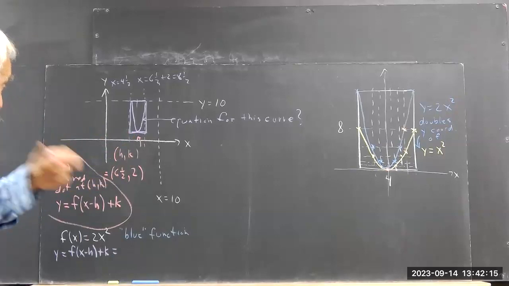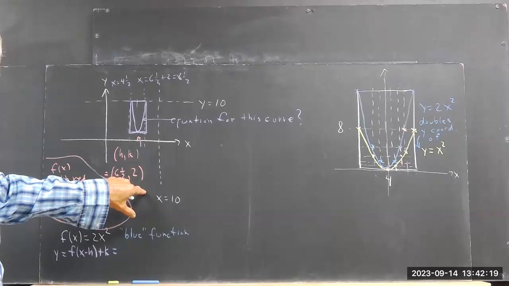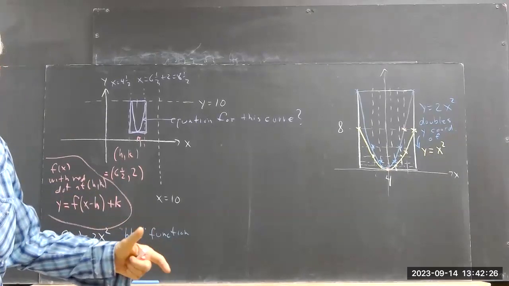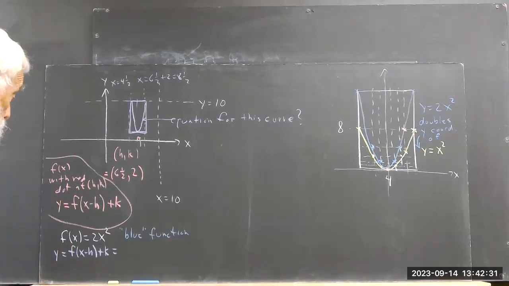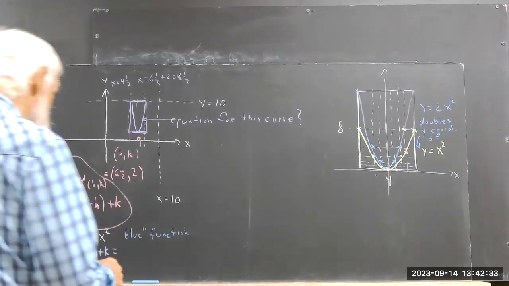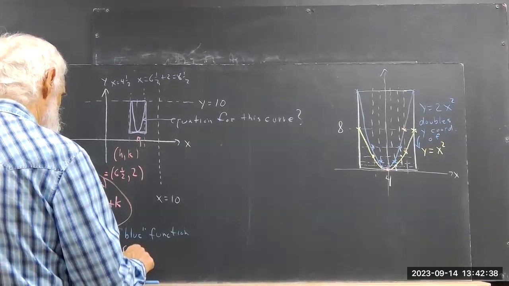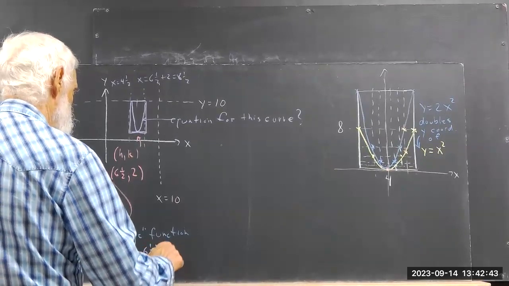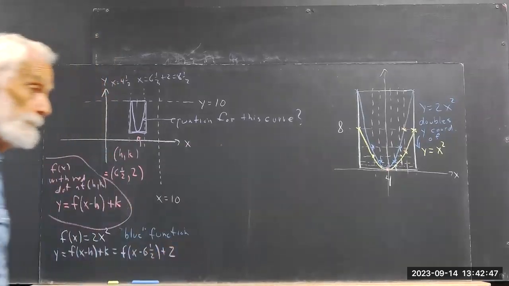For my graph, h is 6.5, k is 2, right? So I just take this formula and you understand this visually. Everybody's done a pretty good job with the homework and has the idea. And I think that's really pretty wonderful. Okay, so we can replace this by x minus 6.5 plus 2.